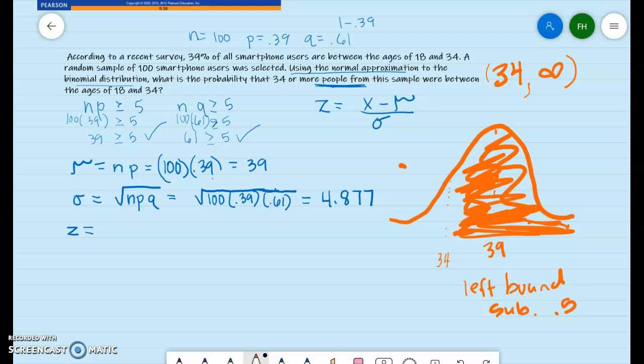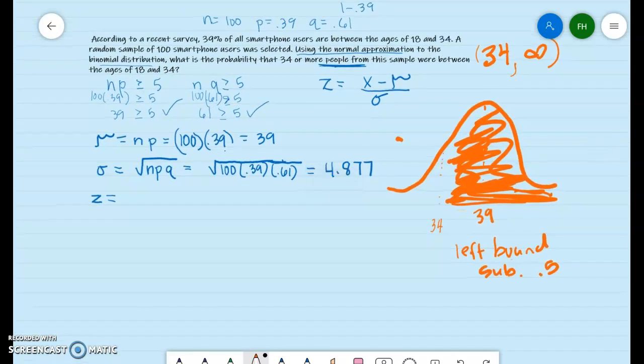But since we have that correction factor when we're approximating, we have a left boundary. And if you have a left boundary, you're going to subtract 0.5. What if we would have had a right boundary? You're going to add 0.5. And this is just a correction factor, a continuity correction factor.